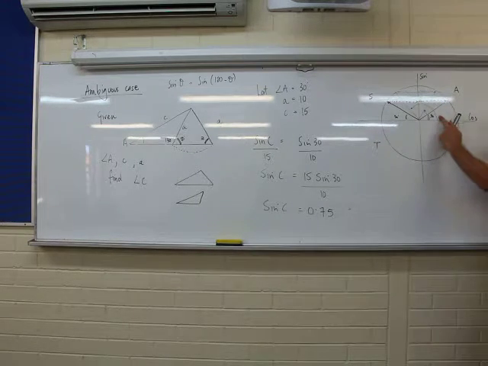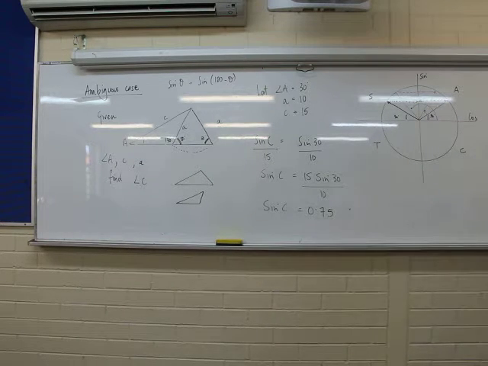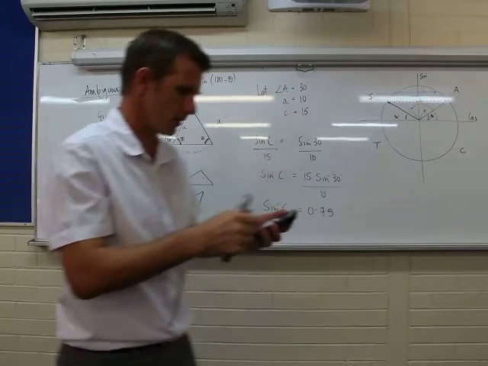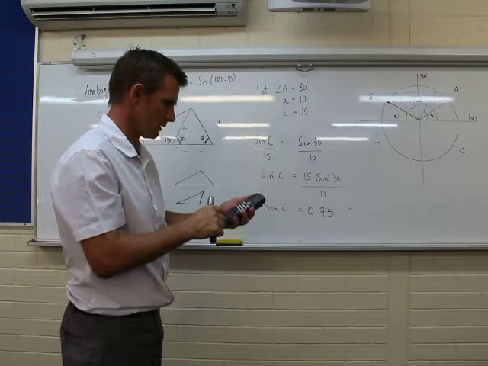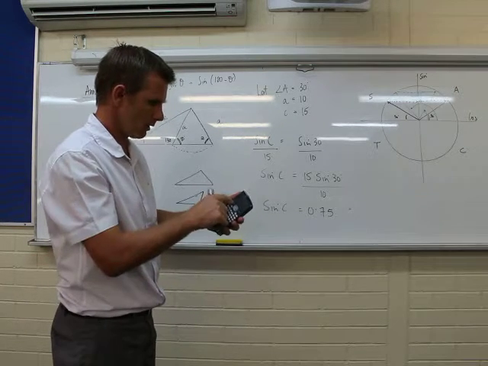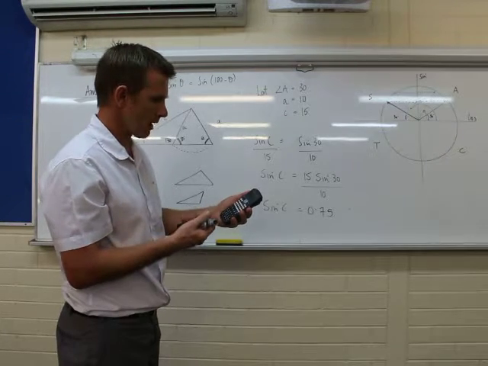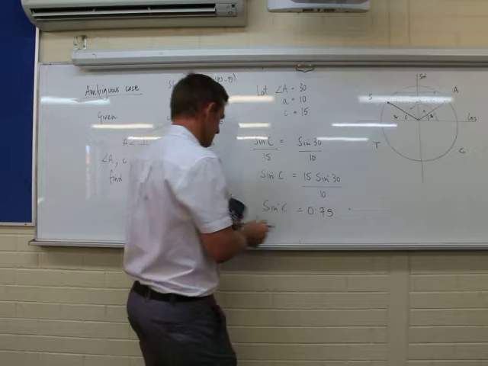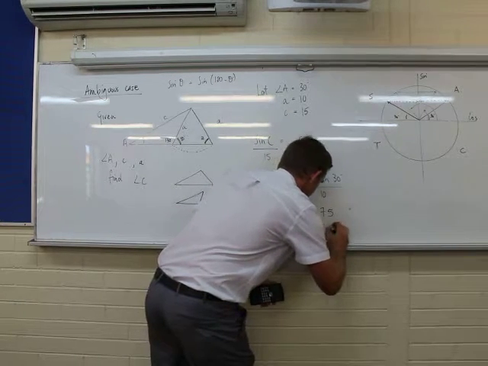But to get that one, we're going to do 180 minus that. Now I'll get a calculator here and we'll do a bit of calculation real quick. What have we got? We've got 15 times the sine of 30 degrees equals, divided by 10, there's my 0.75, inverse sine answer equals, I get 48.6. So C is equal to 48.6 degrees.